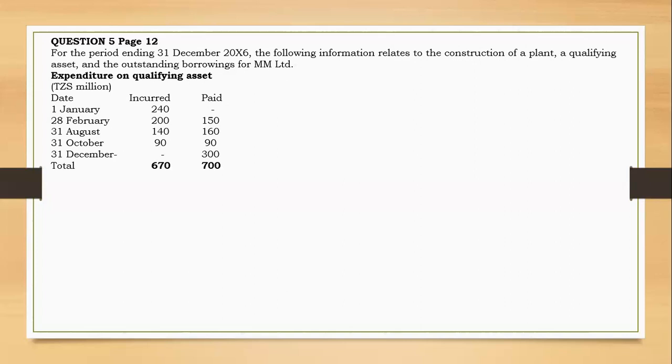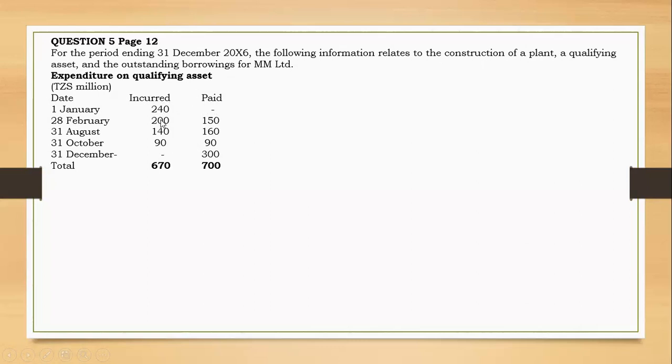Now note one thing. When dealing with borrowings that are general, we usually apply the capitalization rate on the amount drawn down. But you have to be careful here. If you are given amounts incurred and amount paid, you have to use the amount paid. Here you incurred 240 but you hadn't paid, so you use the amount paid.